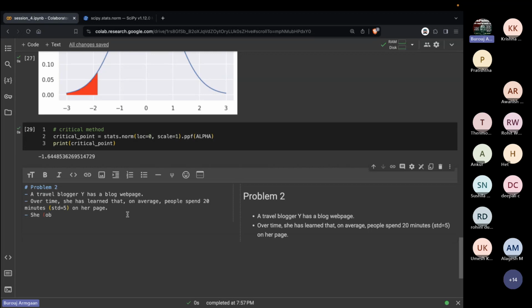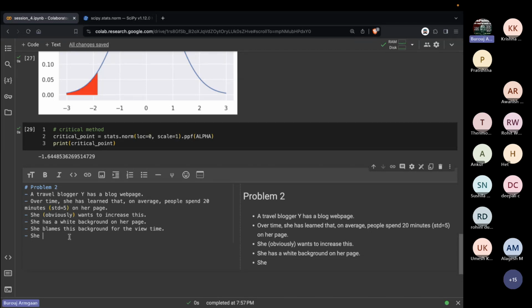She obviously wants to increase this. Now, she has a white background on her page, and she believes this is the reason. She blames this background for the view time.